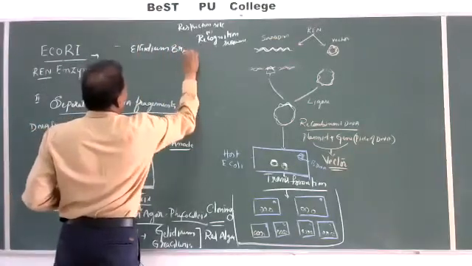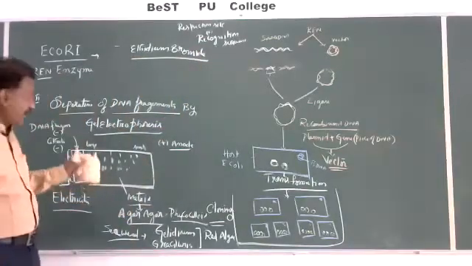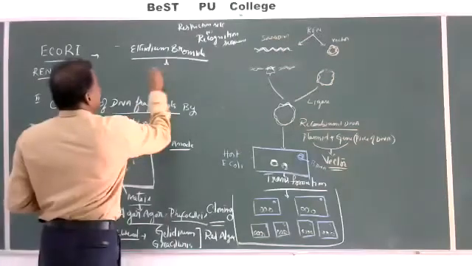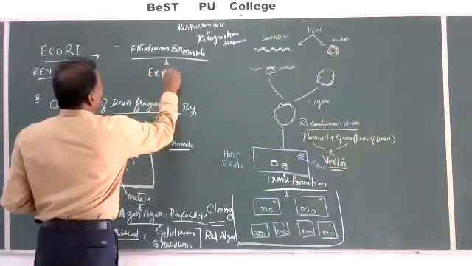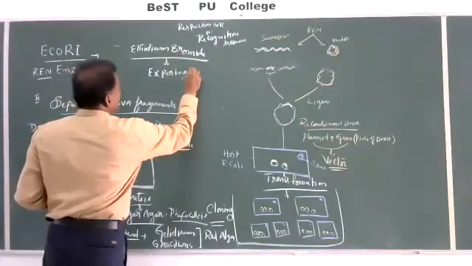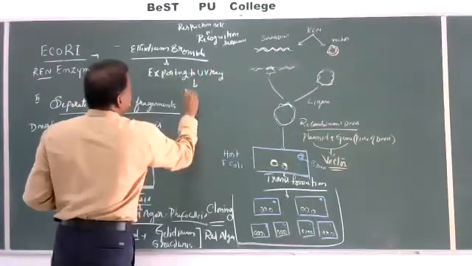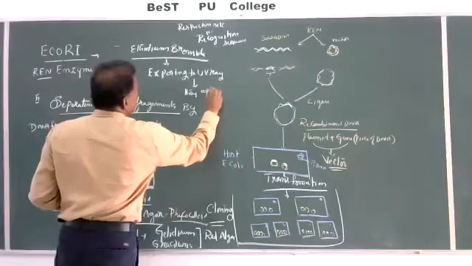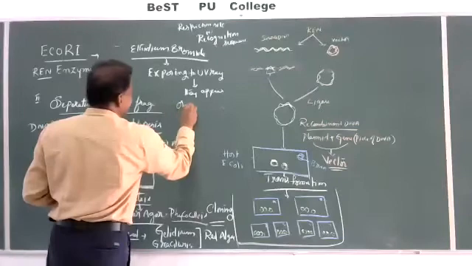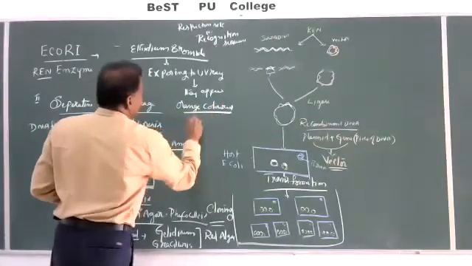If ethidium bromide is given, they will become colored. After that, we have to expose them to ultraviolet rays, not normal visible light. Then they appear as orange colored DNA bands.